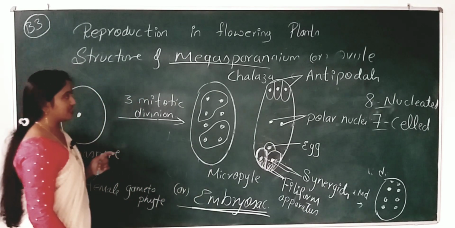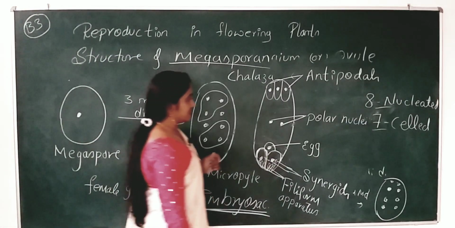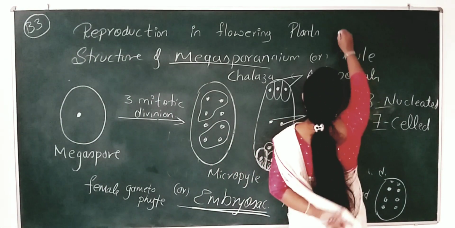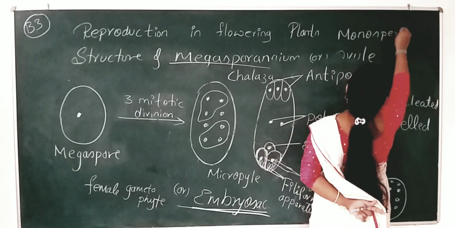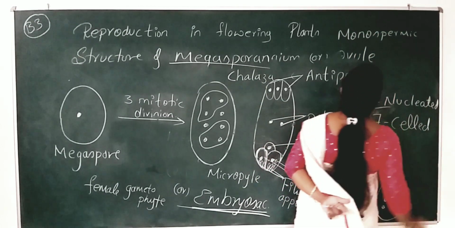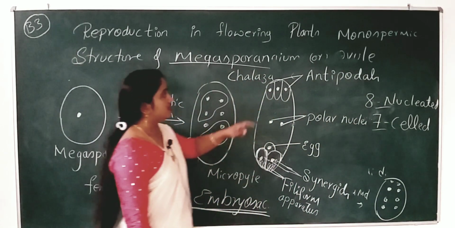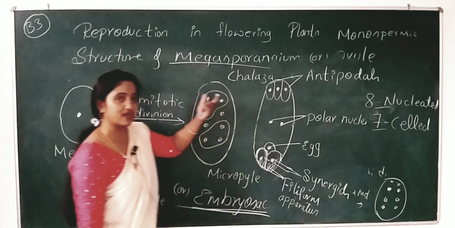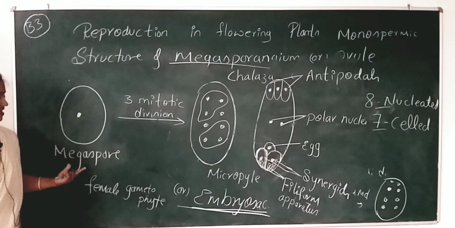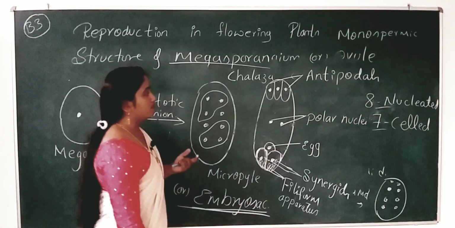One more thing to tell, the maximum of the angiospermic species produce a monosporic embryo sac. Why is it monosporic? Because the embryo sac develops from a single megaspore. That's why we are going to call this monosporic.